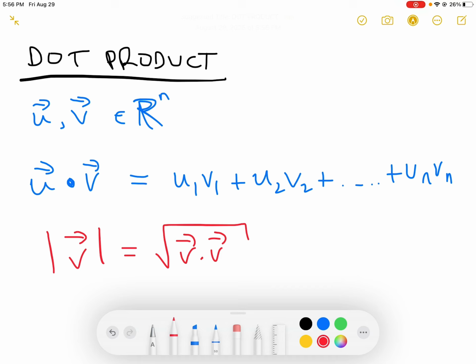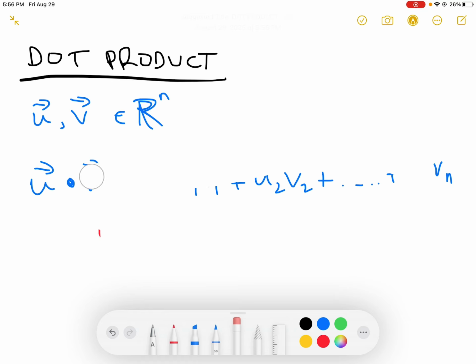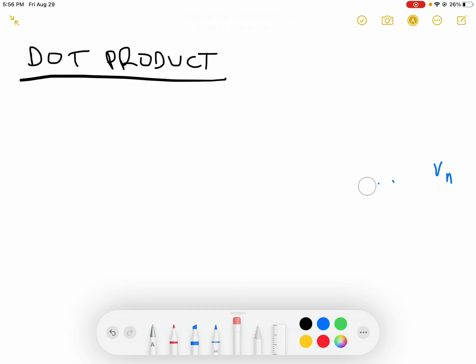Whatever answer we get from a dot product can tell us some information about how the vectors might be related to each other. We're going to start out with positive or negative. If the dot product is positive, then they're both going in the same direction.